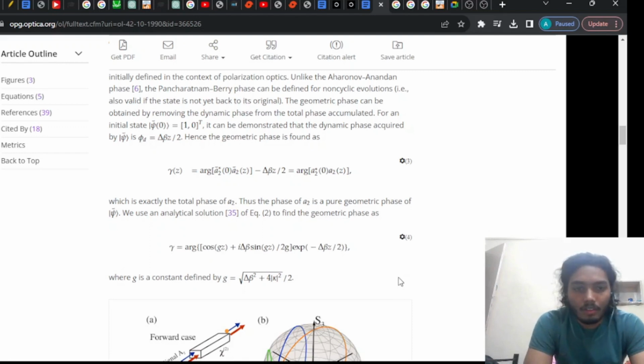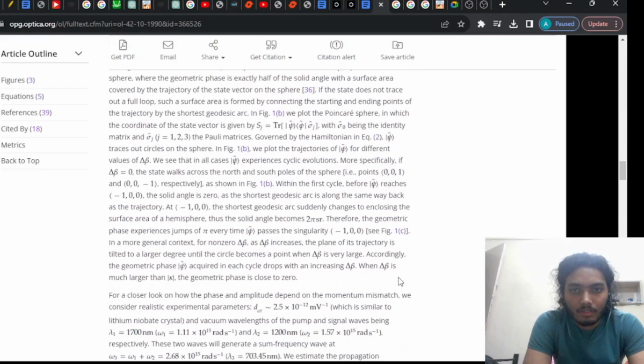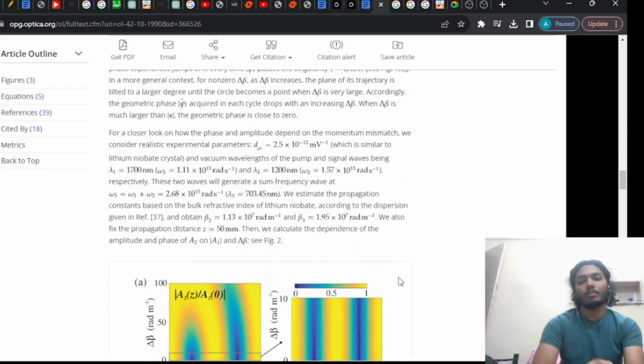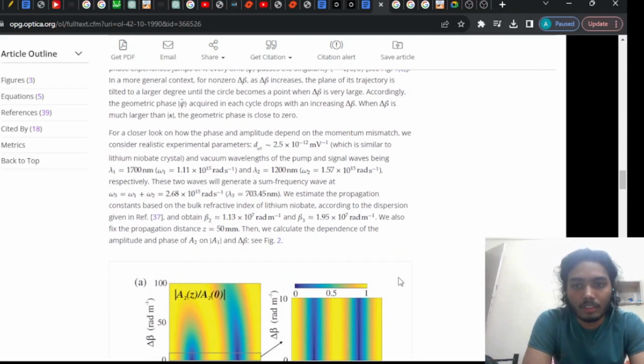So from now in this section we are analyzing a particular crystal, lithium niobate, whose d effective is given by 2.5 into 10 to the power minus 12 per millivolt, and the pump has frequency 1.11 into 10 to the power 15 radian per second, and the corresponding wavelength is 1700 nanometer.